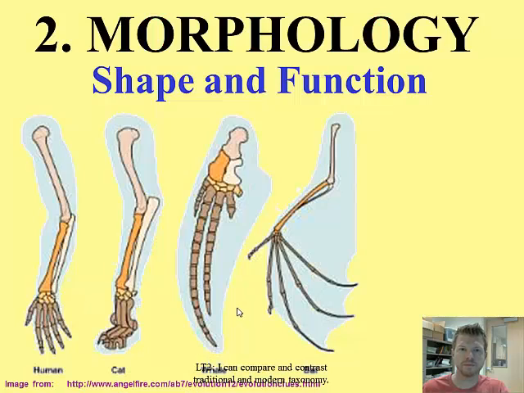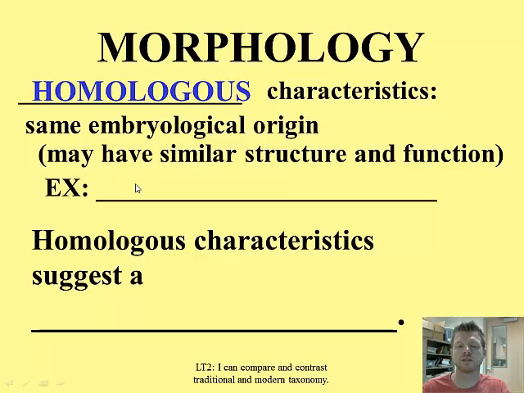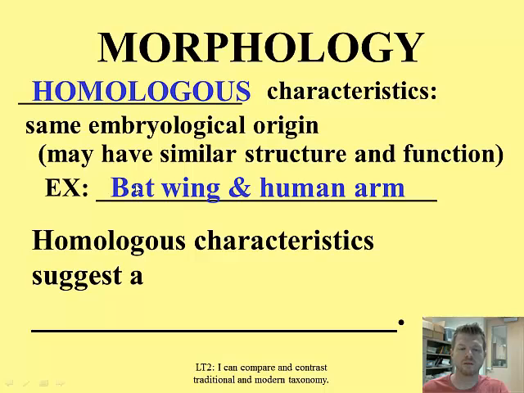Phylogeny. Another thing we can use is morphology, and this is different than if they look the same, they're related. This is actually looking down even closer. So homologous structures are key. We want to take a look at homologous structures. They have the same origin as the organism was developing and have similar structure and function. So batwing and human arm are going to be homologous.